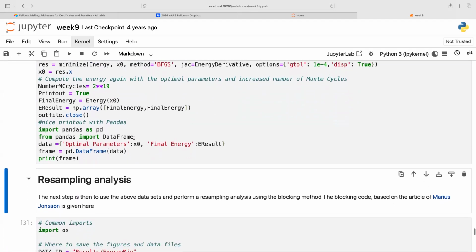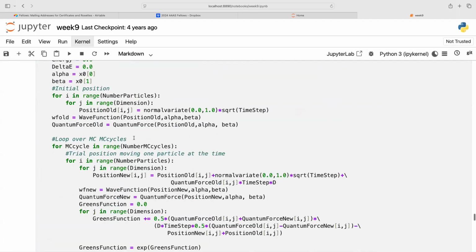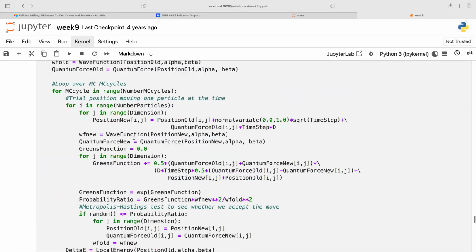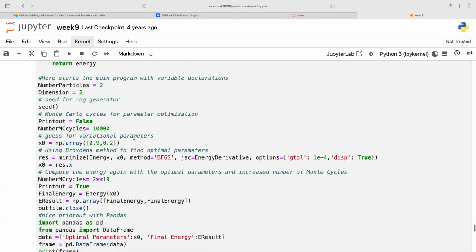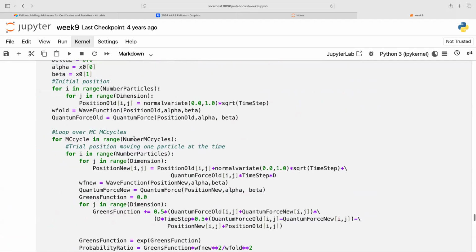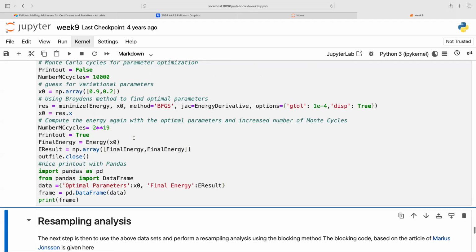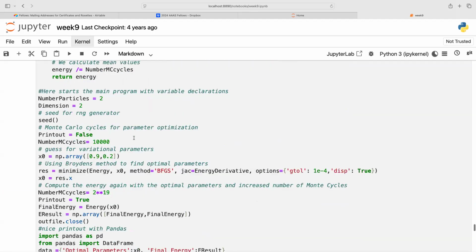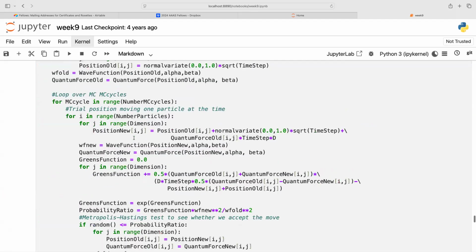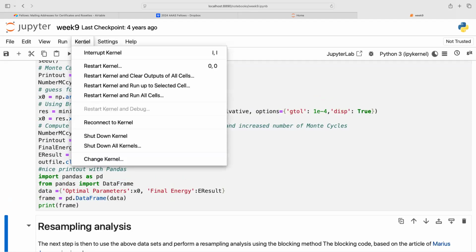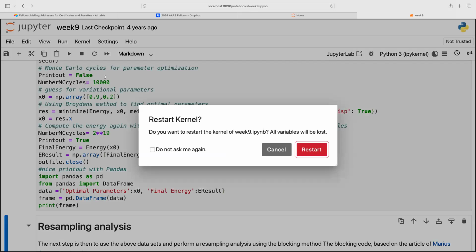And now I think I shouldn't have started this correlation piece because that's going to take time actually. So maybe I just stop it. Let me just stop the kernel here. Restart and clear all outputs.